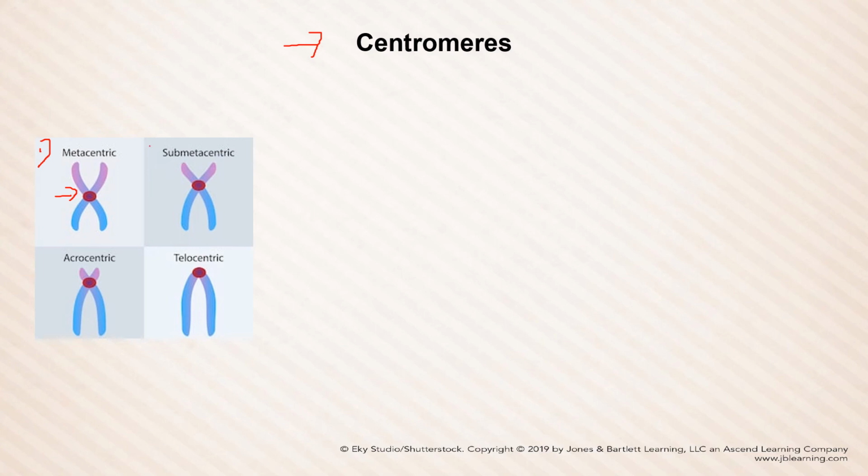Now the second one, the submetacentric, instead of being in the middle, has the centromere located closer to the end, not exactly in the middle. The third type shown here is the acrocentric, that is really close to the end. And the fourth one, the telocentric, has the centromere close to the telomere, just at the end.